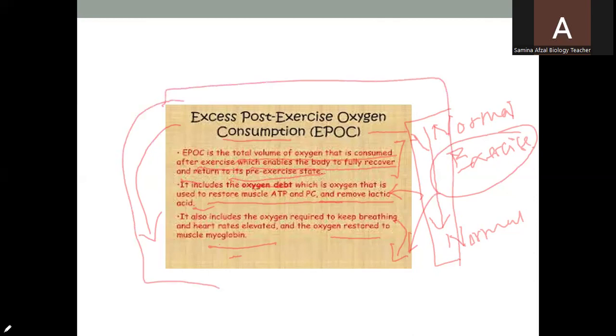This term actually covers all these statements: the oxygen debt, or the oxygen which is used after the recovery, or the oxygen which is used to keep on breathing, or the oxygen which is used to keep our heart healthy during all this phase of exercise, or till the recovery of our respiratory system.